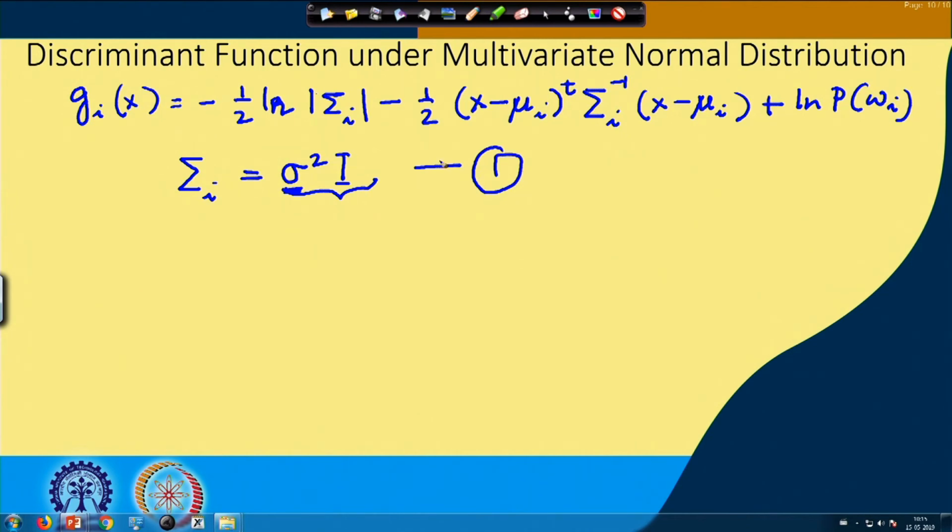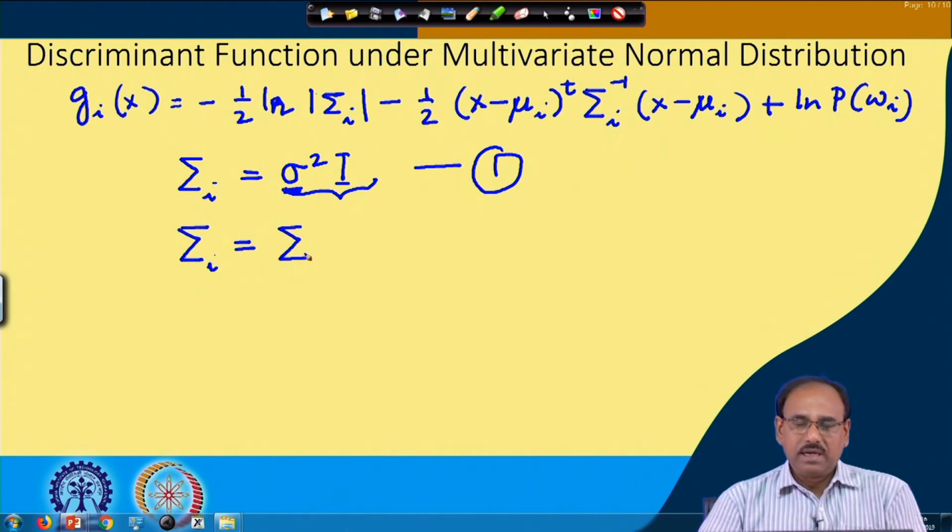The other assumption that can be used is where sigma I is of the form sigma. So, in this case, it is not necessary that the different components of the feature vector will be statistically independent, nor even necessary that every component will have the same variance, but what I am assuming is that whatever the covariance matrix is, the same covariance matrix is valid for all the classes.